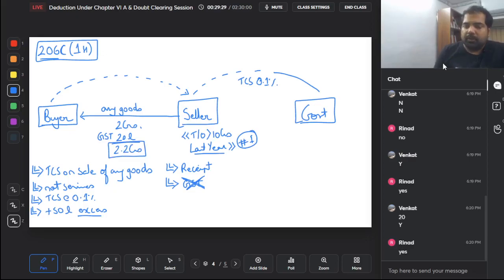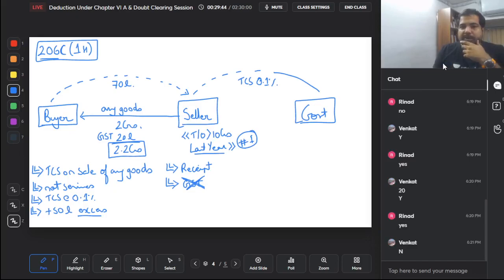So you tell him that you want an advance of 70 lakhs. Now please tell me, guys, when you take an advance, do you know how much is towards GST and how much is not? No, we don't know. So you will assume that this is entirely towards your money only, and you will collect TCS at 0.1% over 50 lakhs. Alright. So is this done? Yes.